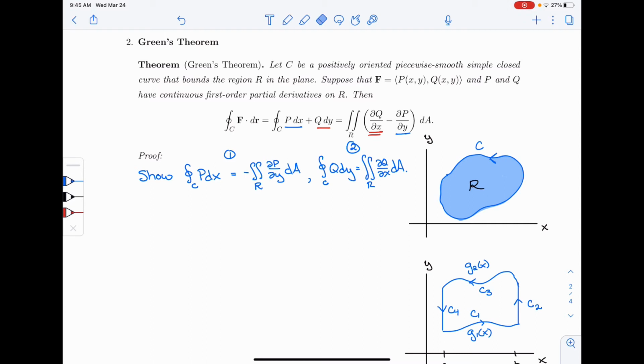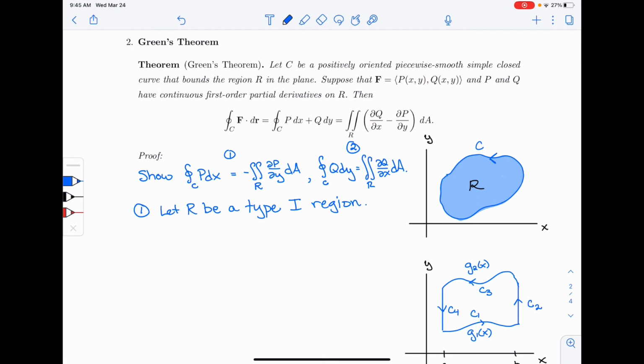So the first thing that I want to show, 1, I'm going to do that over a type 1 region. Okay, so the thing I want to show in 1 is going to work over a type 1 region. The property 2 that I want to show is going to work over a type 2 region.